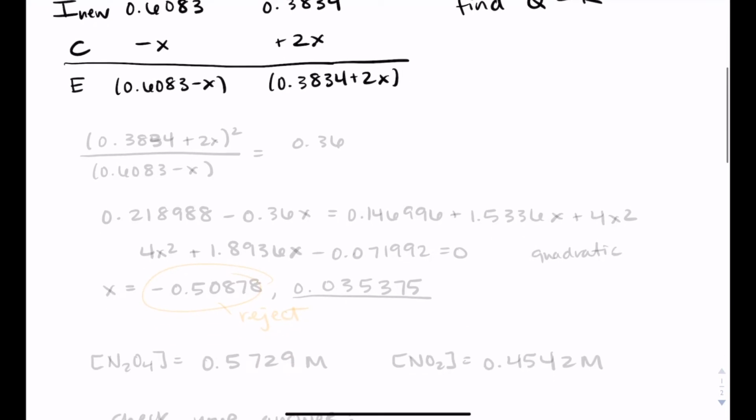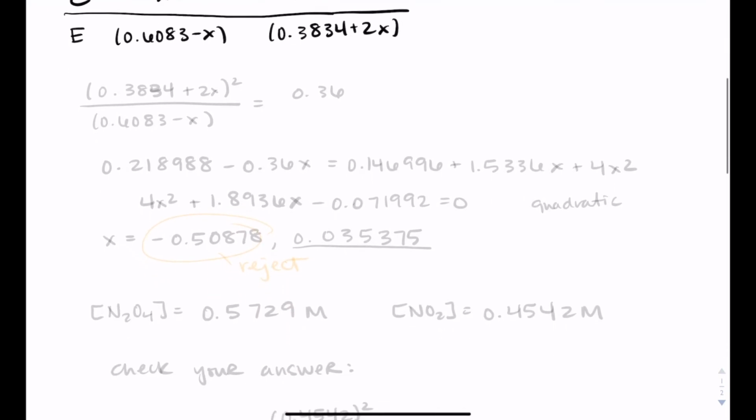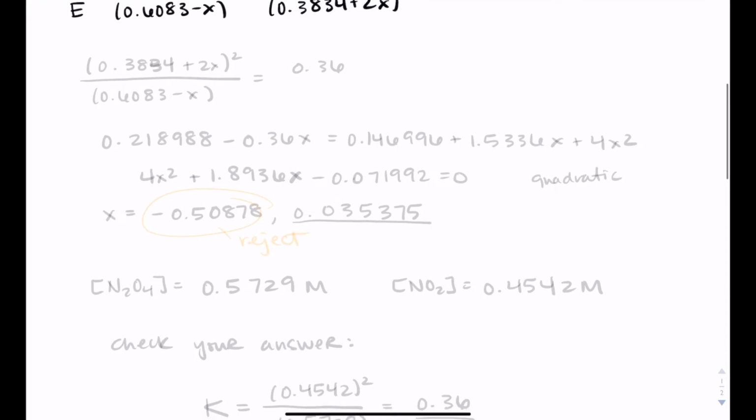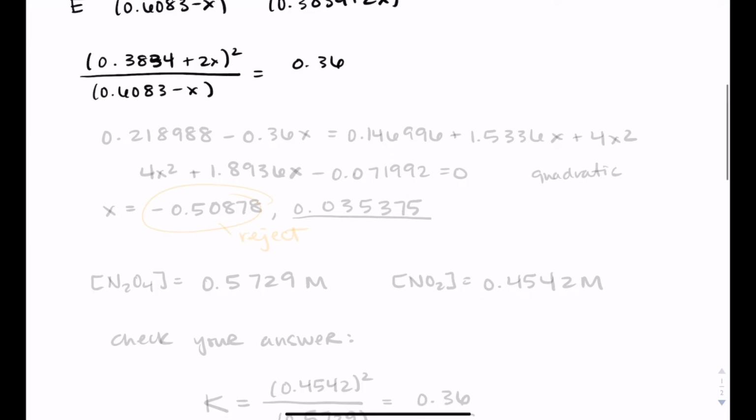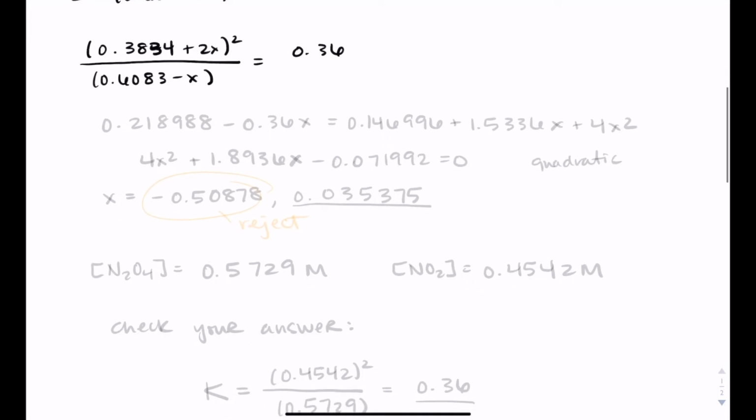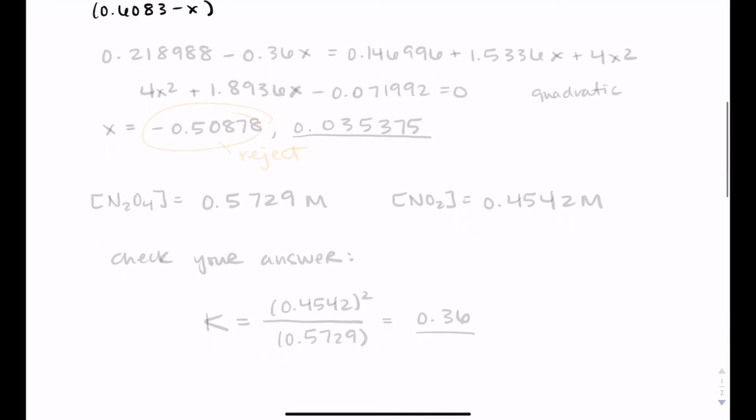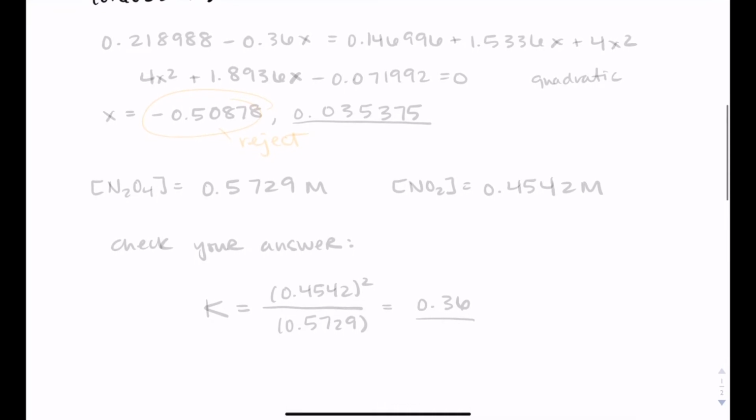Products over reactants in the equilibrium constant expression means that on top I have 0.3834 plus 2x, whole quantity squared, divided by 0.6083 minus x, and this is all equal to 0.36. So right now we have to do algebra. You have to multiply through, distribute, all of those algebra things.